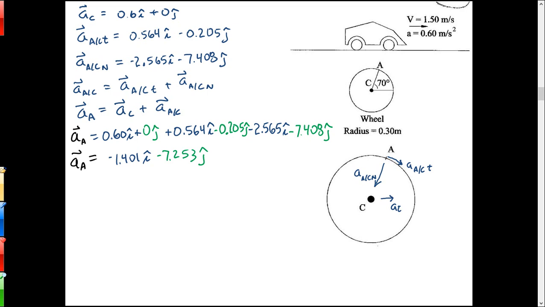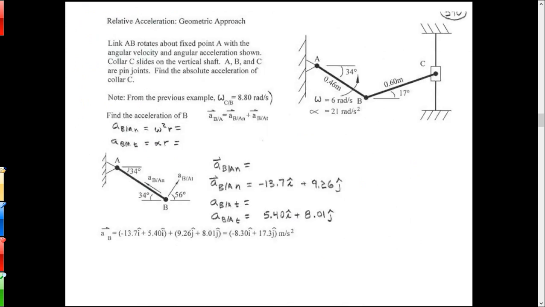Why don't we have a look at 590 and 600? These are kind of full-blown relative acceleration problems. I wouldn't be surprised if you mechanicals see these again next year. So it's the same linkage system as before, the one we did relative velocity with, on 540 and 541.